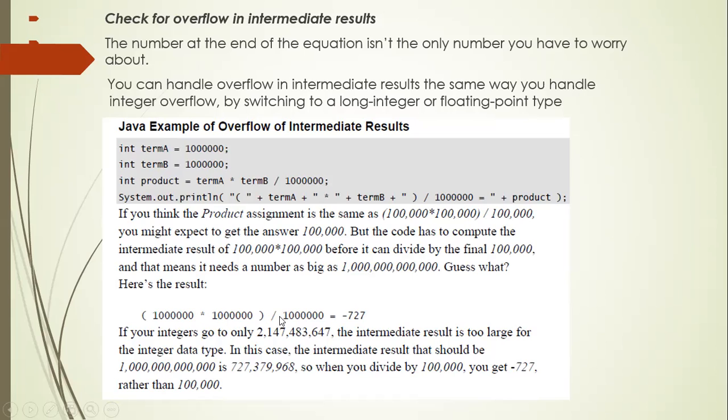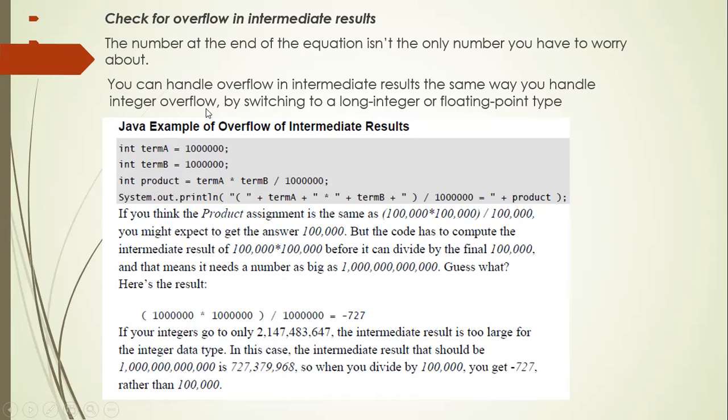When we divide this, we get minus 727, which is the wrong answer. So we have to use an integer type with a much larger range, where we can store this value, and then we can get the correct answer.